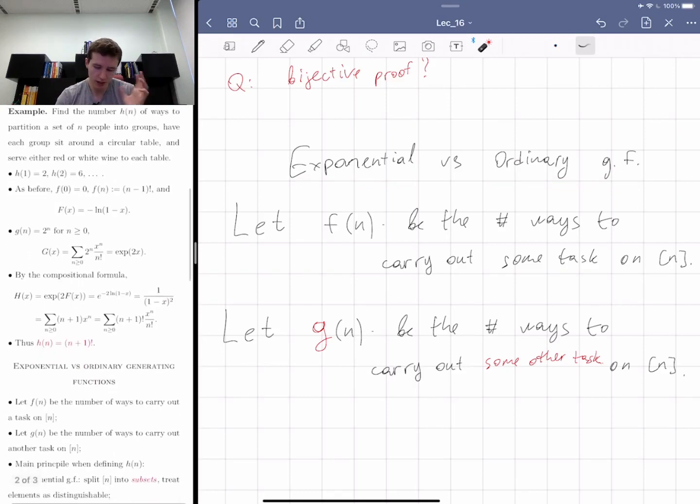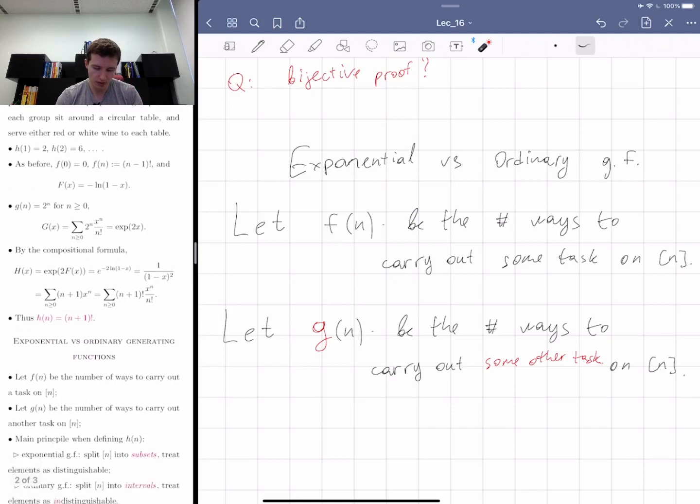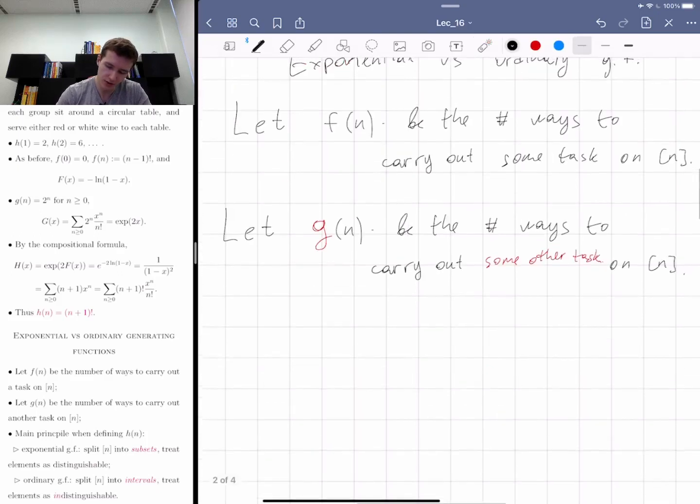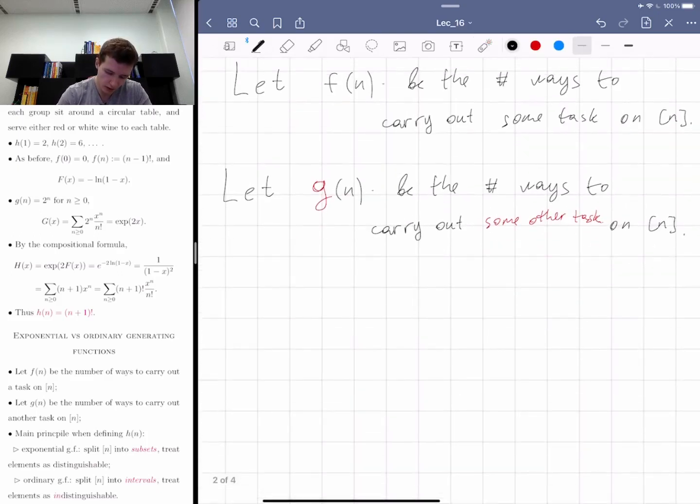The main idea, let me write it down even though it may not make sense right now, is that the exponential generating functions correspond to labeled elements. Well, I think I called them distinguishable.